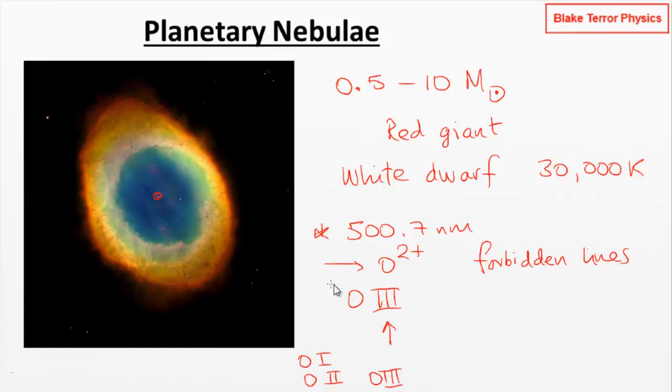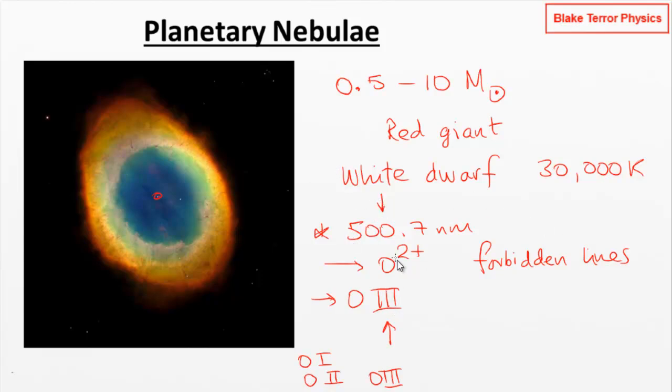If you put an oxygen 3 filter on your eyepiece, and they're not that expensive, you could probably pick one up secondhand for about 30 quid, something like that, maybe less, then all of a sudden the detail in the planetary nebulae will come out much stronger. It will have much more contrast. You'll be able to see the shell around the central star in much more detail, because so much of the light which is being emitted is at this particular wavelength.